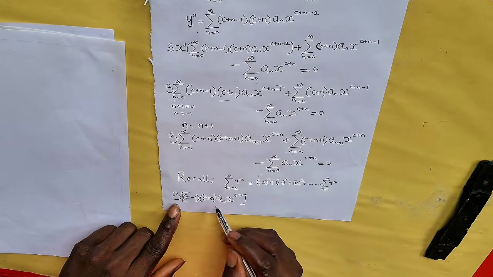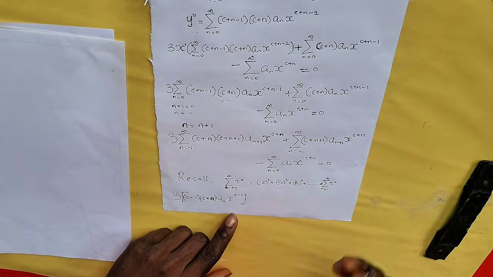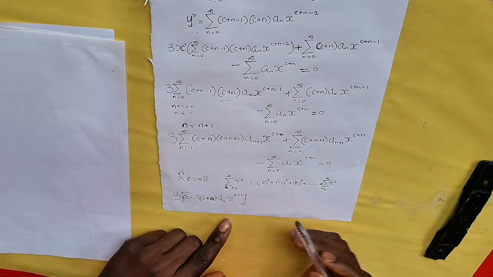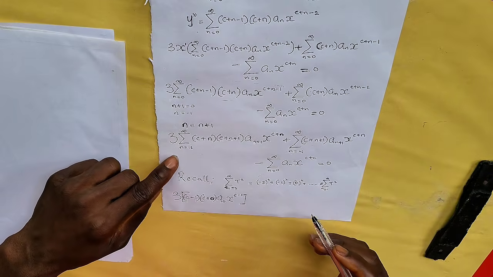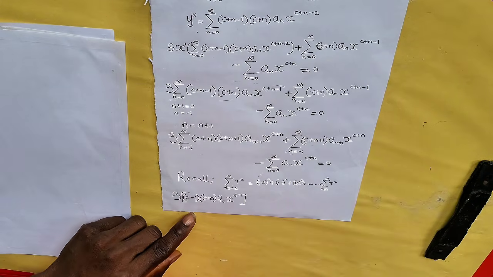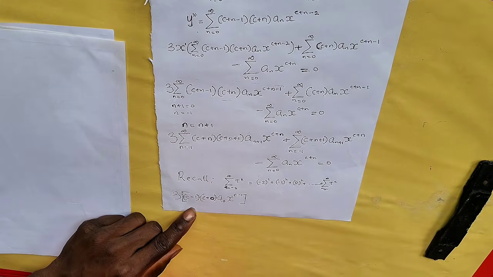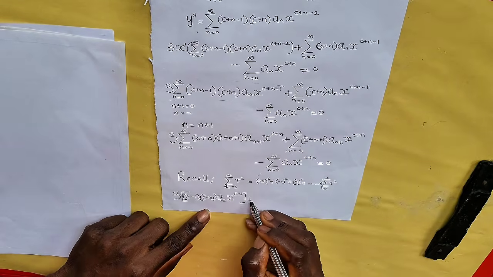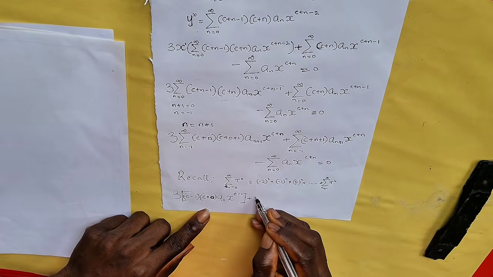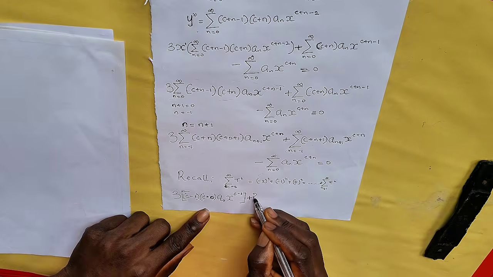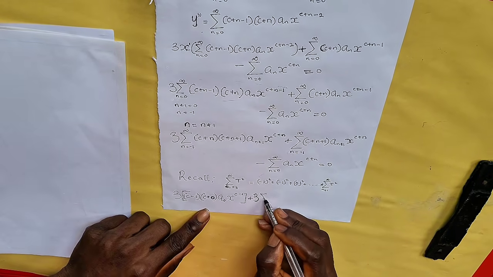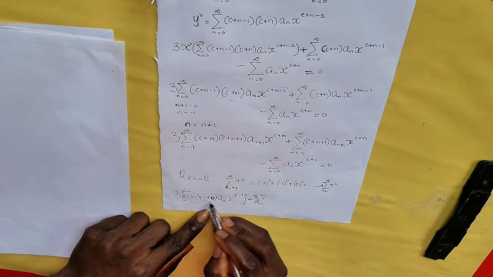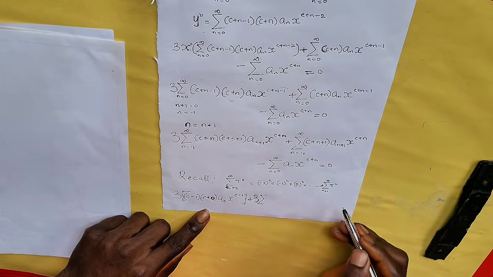So now this is when n equals to minus 1. When n equals to 0, right? Because we are going from minus 1. After minus 1, we are going to positive infinity. So after minus 1, I'm going to meet 0. Then I'm going to meet 1, 2, 3, and so on like that. So I'm going to leave it in form of 0 now, because we move from minus 1 to 0 to 1 to 2.